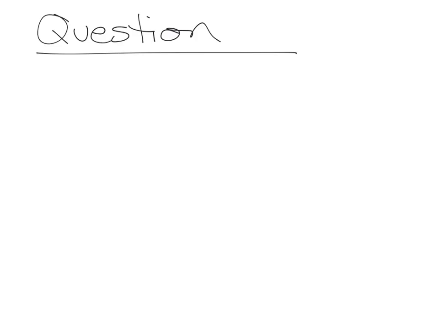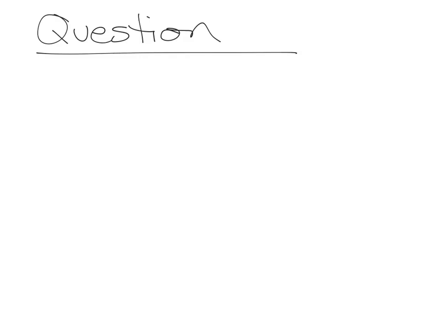Another word order thing. If you are going to do a question, you have two ways that you can do a question. What are the two ways that you can start a question?